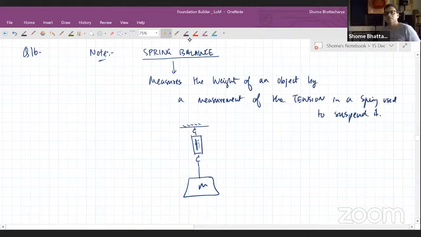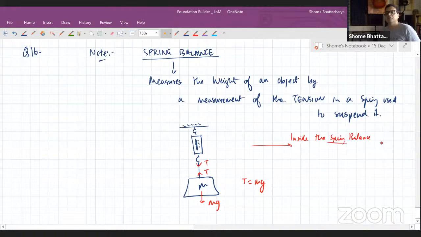So what happens is that the tension here is equal to mg, and inside the spring balance we have a spring, and that spring stretches according to the amount of tension acting here.